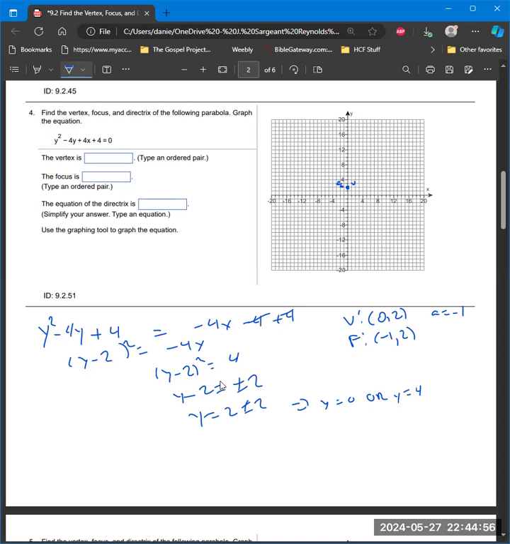So we have (-1, 0) and (-1, 4) are going to be on the latus rectum there. And again, the vertex was at (0, 2). The focus was at (-1, 2). And the equation of the directrix is going to be x equals +1.